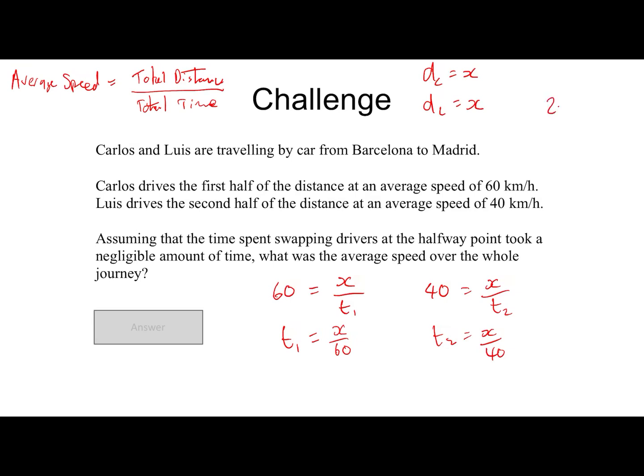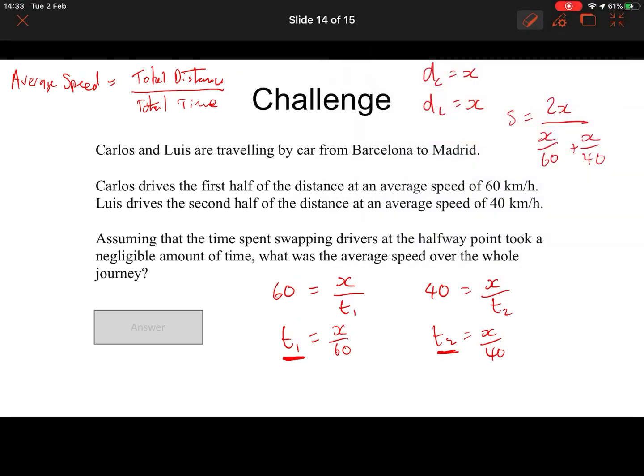Now, average speed is equal to total distance divided by total time, but I can make an equation here. Total distance is 2x. Speed is equal to 2x divided by total time, which will be this add this, so x over 60 plus x over 40. This is why these questions get difficult, because we've now got some algebraic fractions to deal with.